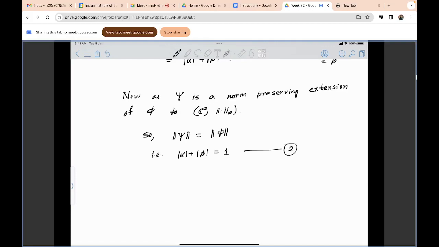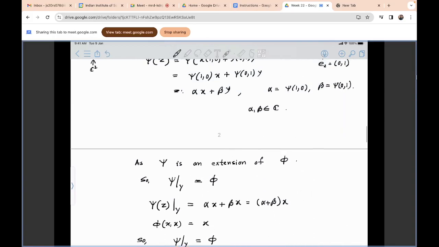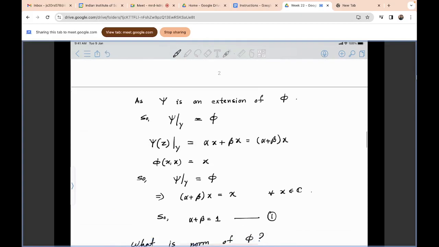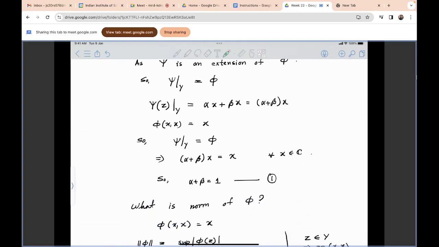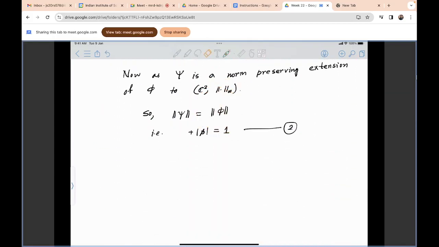So let me call it 2. So what we have got? We have got two equations. From 1, we have got alpha plus beta is 1, and here we have got mod alpha plus mod beta equals 1. So now we will solve these two equations.